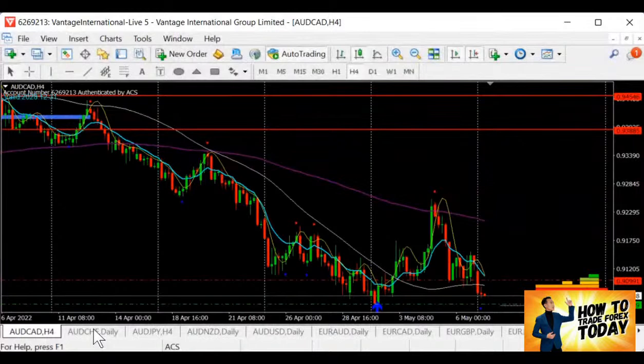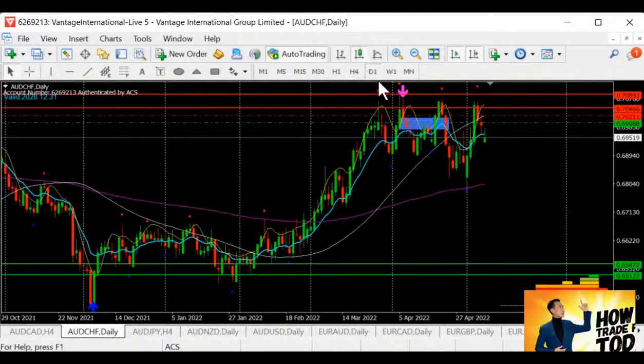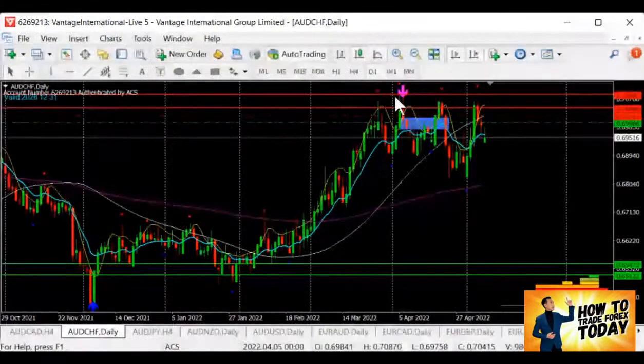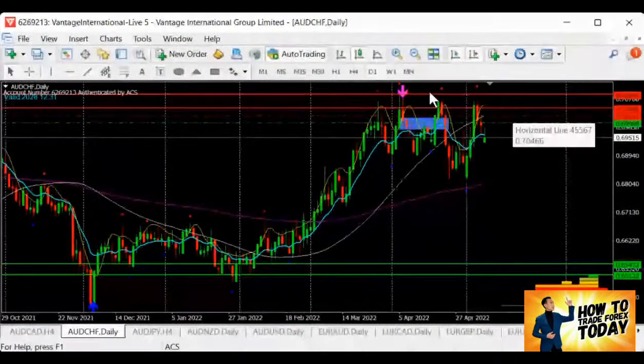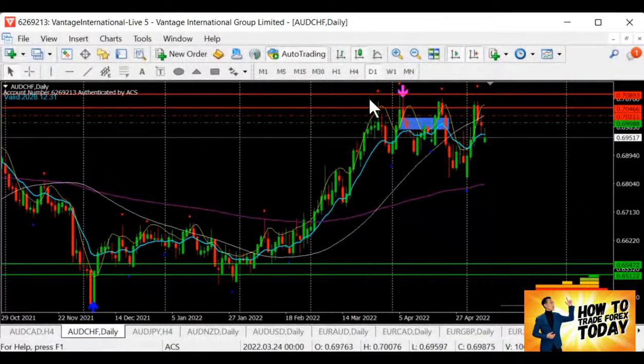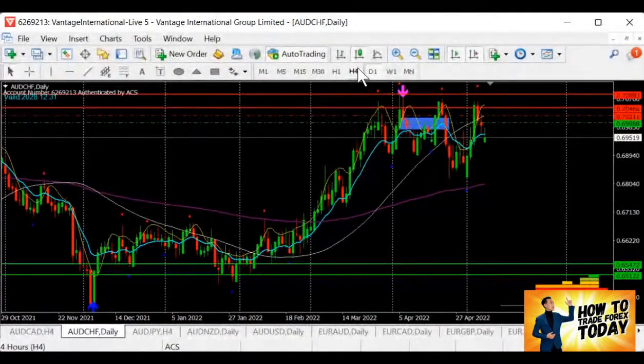Let's take a look at Aussie franc. Same thing: it has been testing the bear zone for quite one round, two rounds, three rounds. So it's very obvious that this bear is very strong, this resistance is very strong, and we are going to have a good chance to push it down.